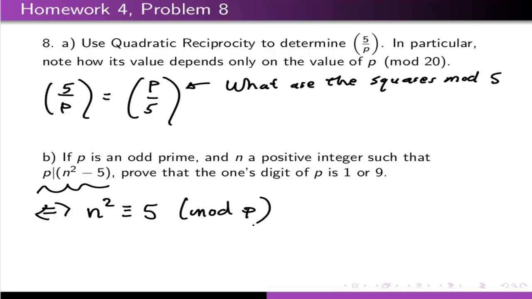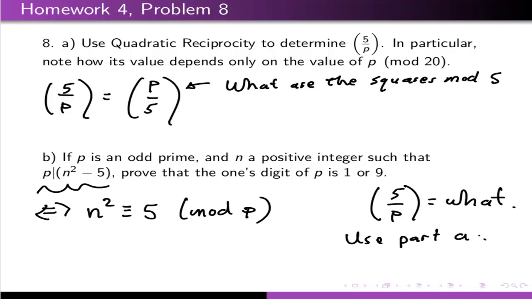And so if we're given that this is solvable, right, that n squared is congruent to 5 mod p, that means that 5 over p equals what? And now use part A. Because in part A you've characterized what primes will make this equal to the number you're looking for here.